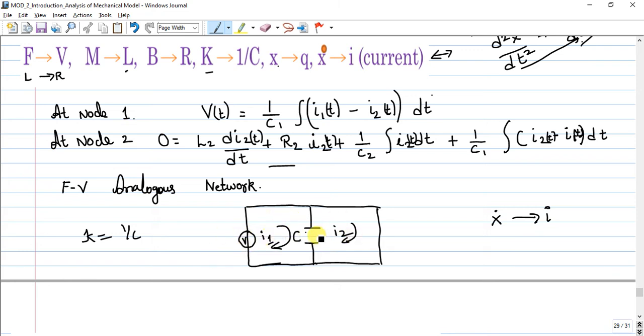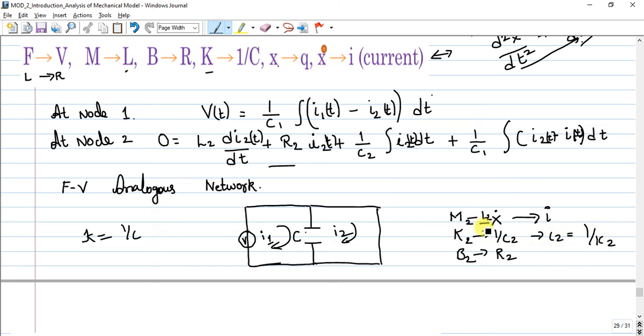In the second loop, in the mechanical system, I have mass M2, K2, B2. So B2 will be replaced by R2, M2 will be replaced by L2, and K2 will be replaced by 1 by C2. So I will consider C2 is equal to 1 by K2.